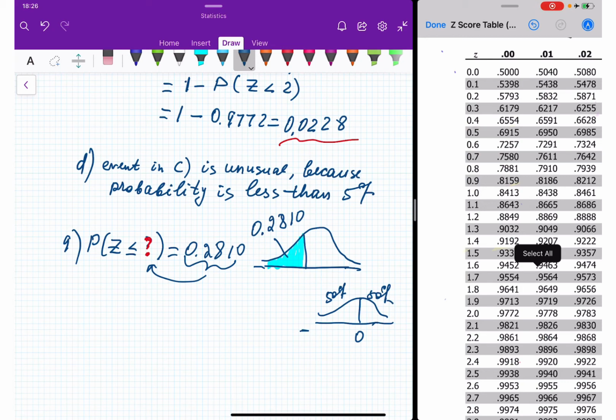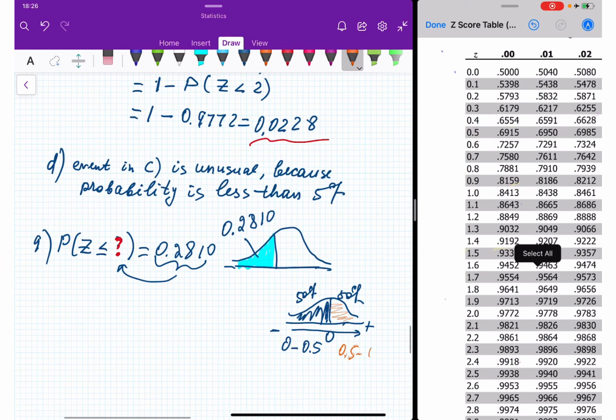So this is negative, which means this area is going to be from 0 to 0.5. Low is 50%. The numbers are growing this way, right? So the higher area is going to be between 0.5 and 0.99999 or whatever, because statistics never shows 100%.